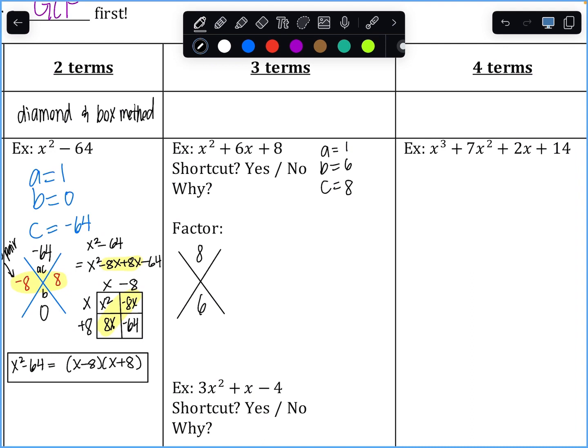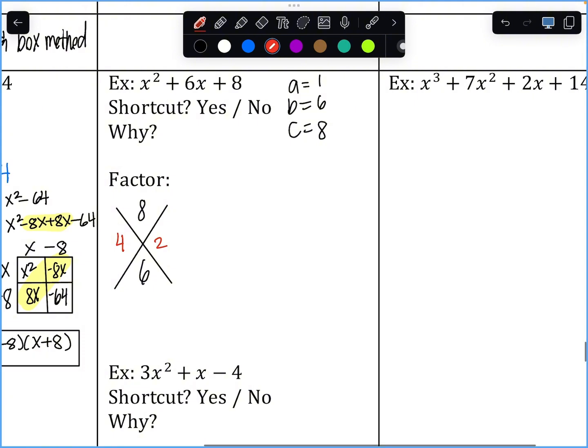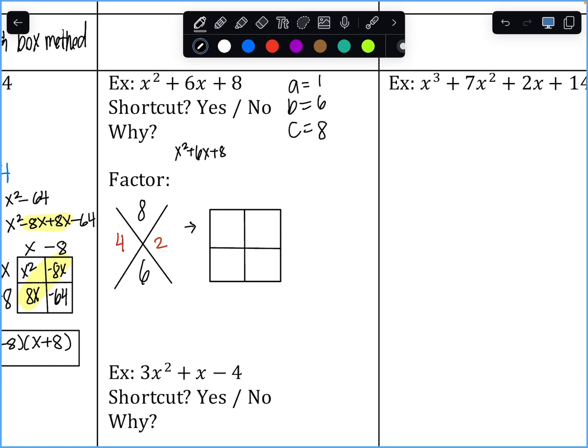Here we have to find the 2 lucky numbers, and what are they? 4 and 2. 4 times 2 is 8, and 4 plus 2 is 6. Then we can put them in the box. We turned a 3-term polynomial into a 4-term polynomial. It went from here to here. This little guy got split into those 2.